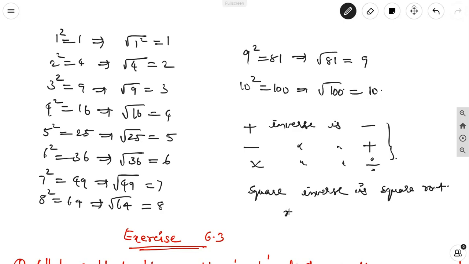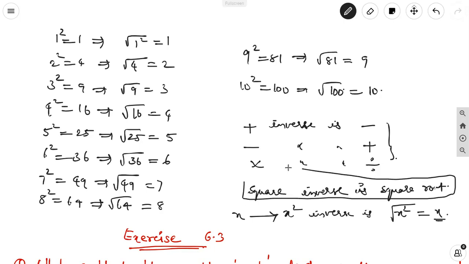That is, for any number x, the square is x squared. For x squared, the square root is x. The square root of x squared is x. So, the inverse of the square is the square root.